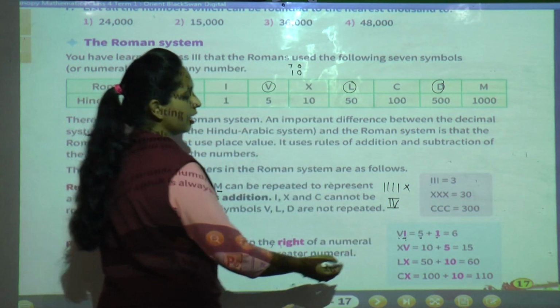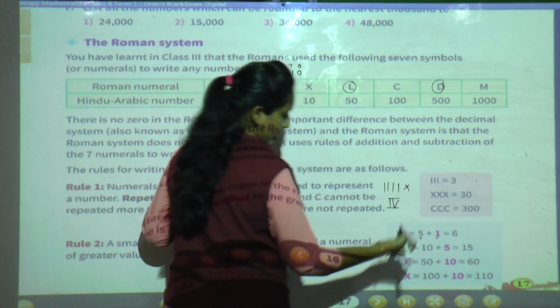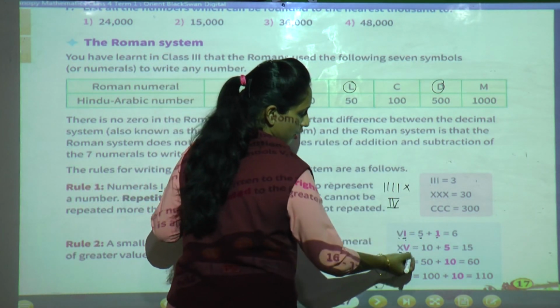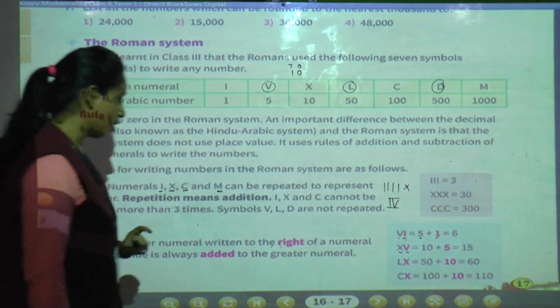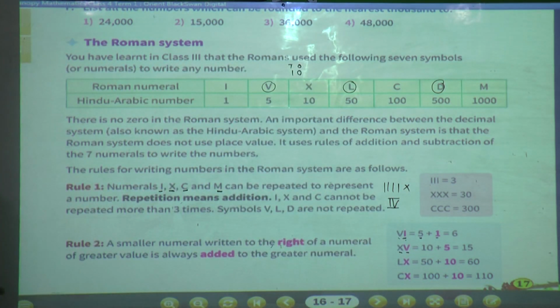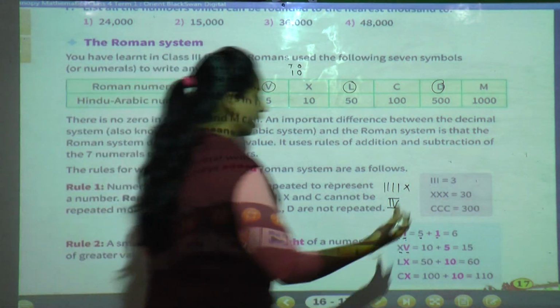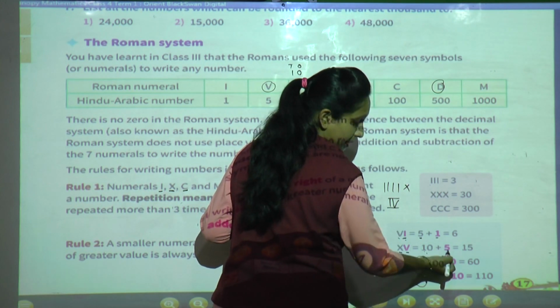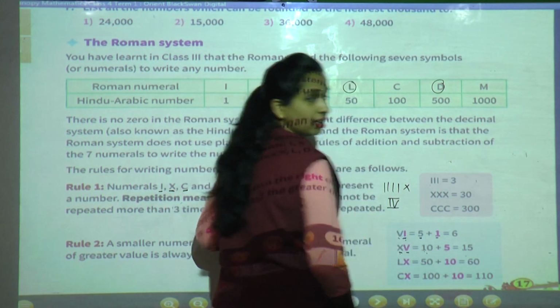In the same way you can see here, this is the smaller numeral and this is the greater one. So a smaller numeral written to the right of a numeral of greater value is always added. So in the same way X represents 10, V represents 5: 10 plus 5, 15.